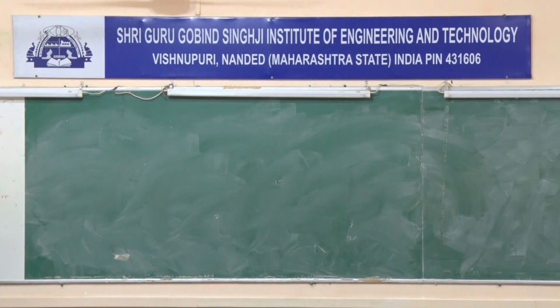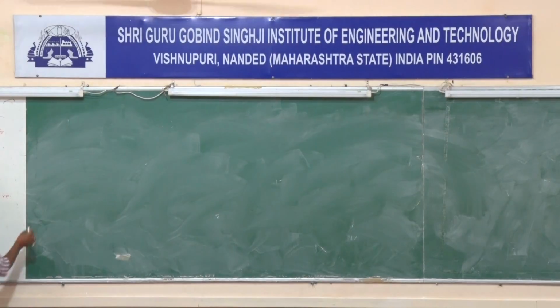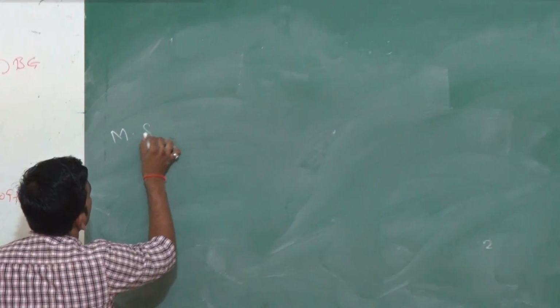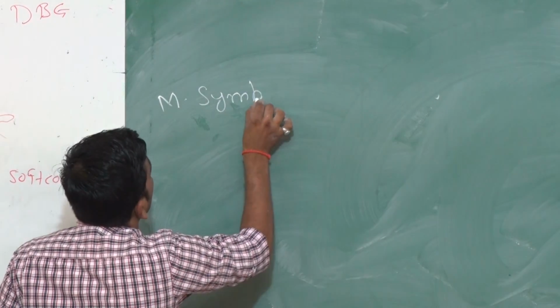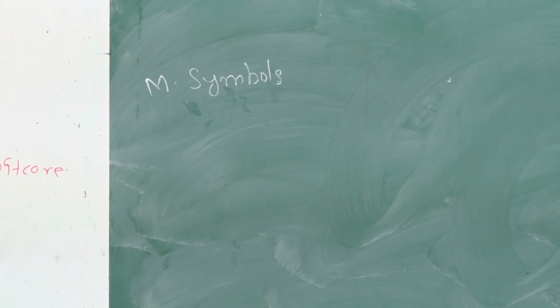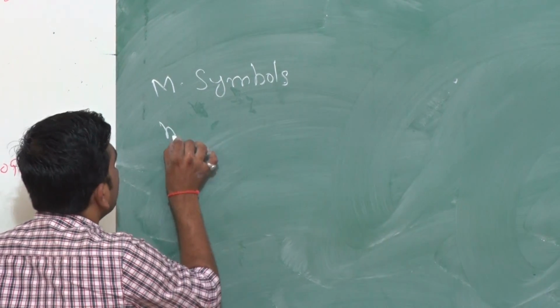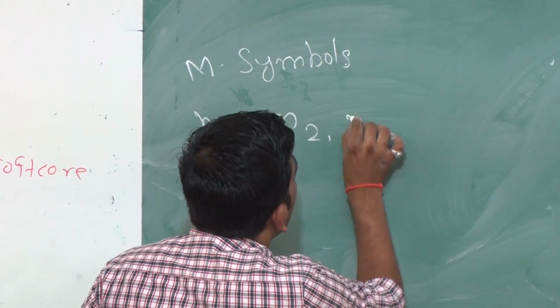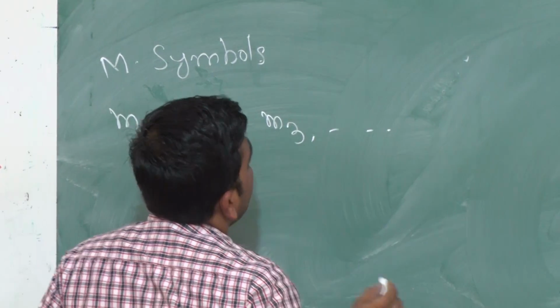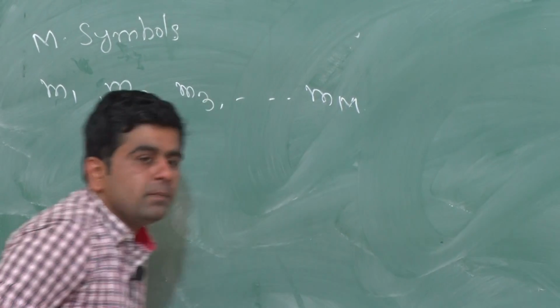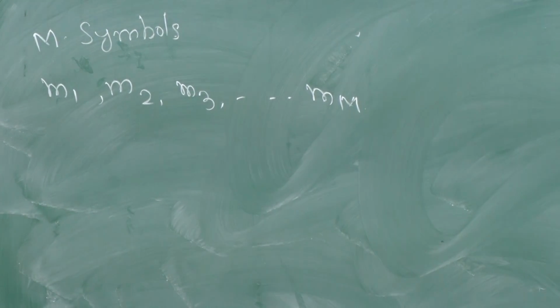Write down: consider capital M symbols, that means we have m1, m2, m3 up to capital M symbols.